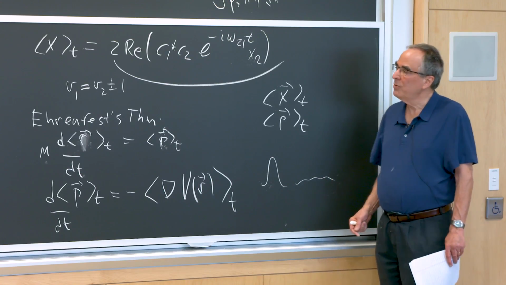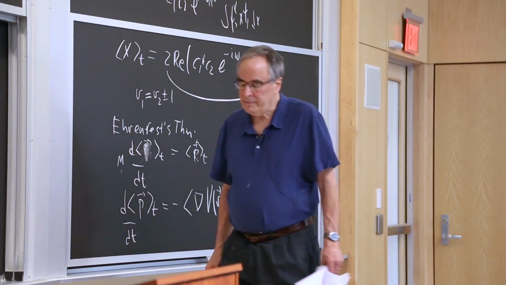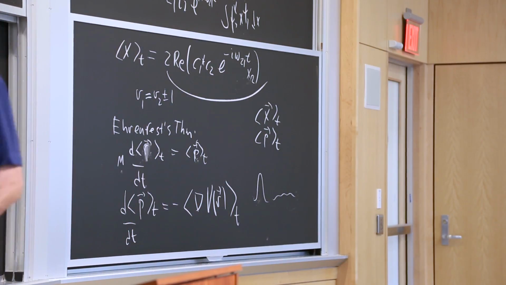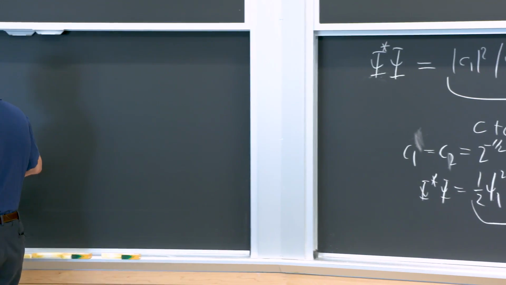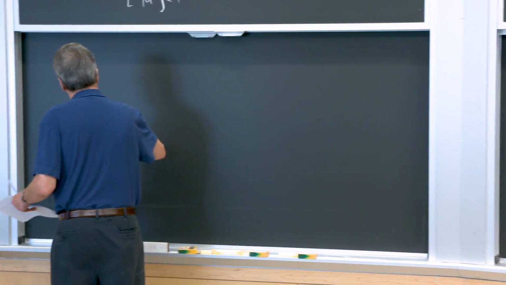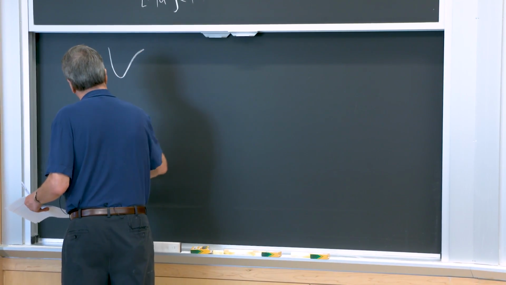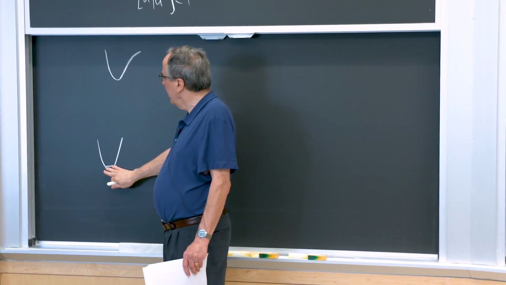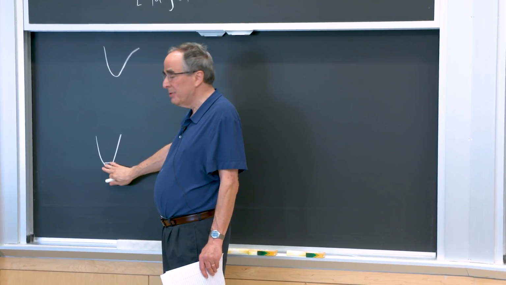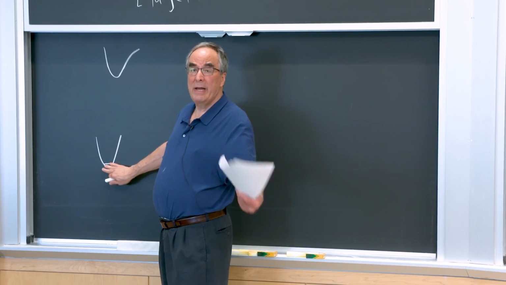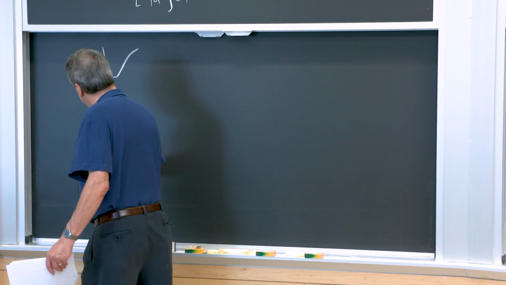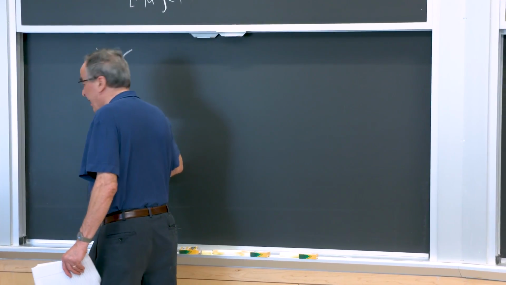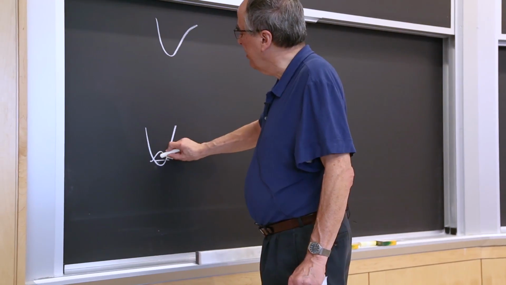But suppose we do this experiment. Here we have an electronic ground state potential surface. Now, I'm jumping way ahead, but this is the wave function for that vibrational level.